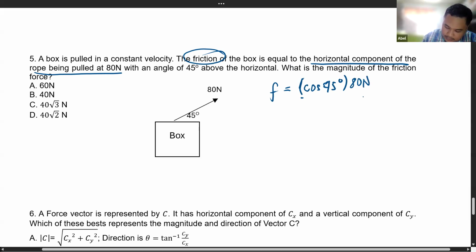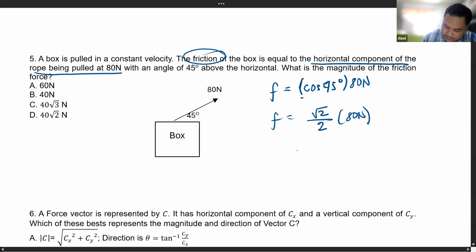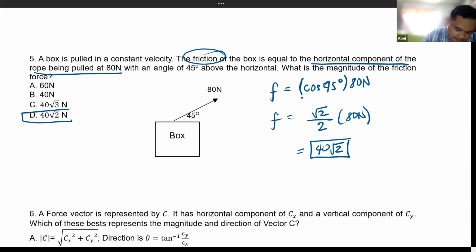And so 80 times cosine of 45 degrees. Okay, so what is cosine of 45 degrees? Cosine of 45 degrees is root 2 over 2 multiplied to 80 Newton. So 80 divided by 2 is 40, and that would be 40 root 2. So the answer for number 5 is letter D, 40 root 2 Newton.